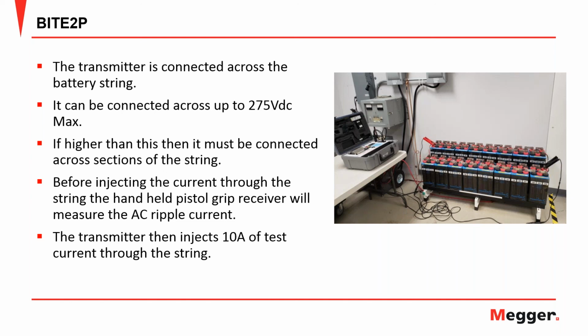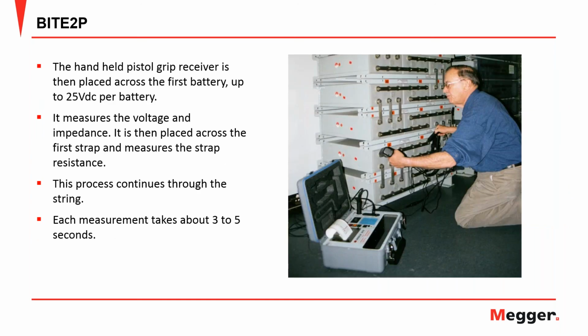Then we just take the receiver and put it across the battery, then a strap, then a battery. We literally just walk right through the string. We're good for batteries up to 25 volts DC. You go through each one, and it's a very fast test. One pass through the string gives you all the data you need to do the analysis.